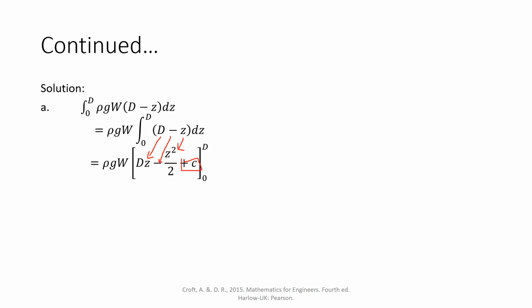Okay, now it's the turn of limit. Now let's play with the limit. So two brackets will be produced, one for D, one for zero. They are actually z value because our main variable is z, and this is also z.